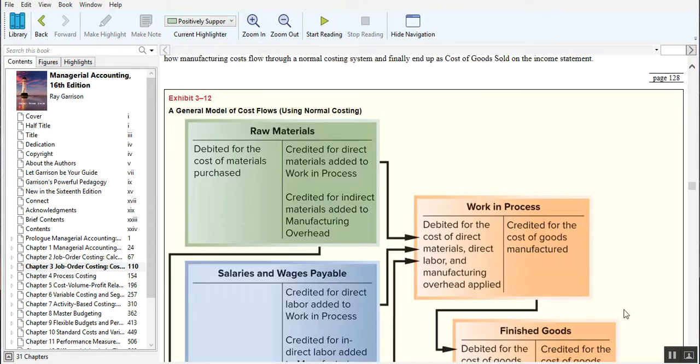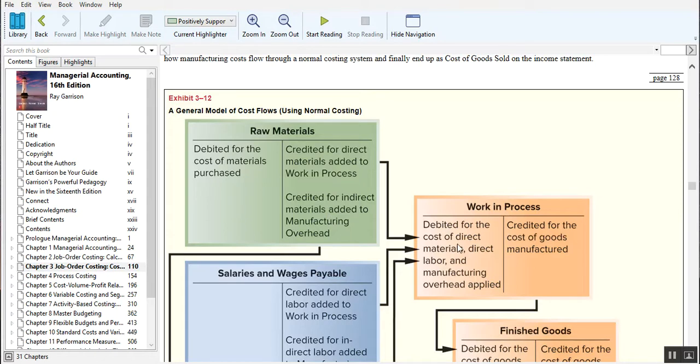Okay, the last thing I want to show you here is this model that's kind of a T account flow of costs using job order costing with normal costing, which is what we're doing. They show the debit to raw materials for purchases, a credit for materials added to work in process, credit for indirect materials.